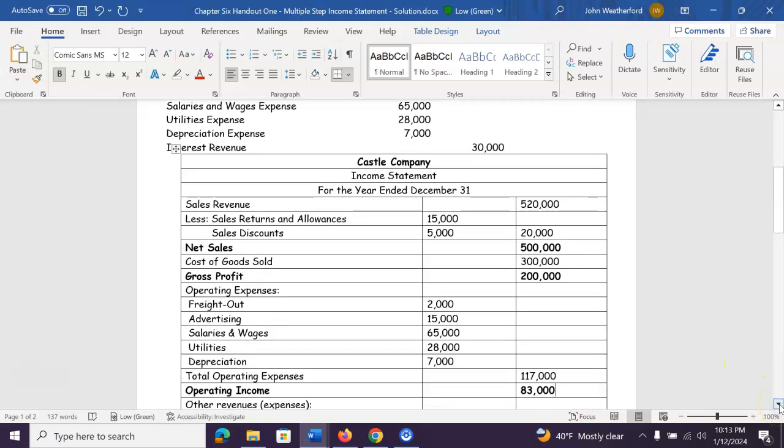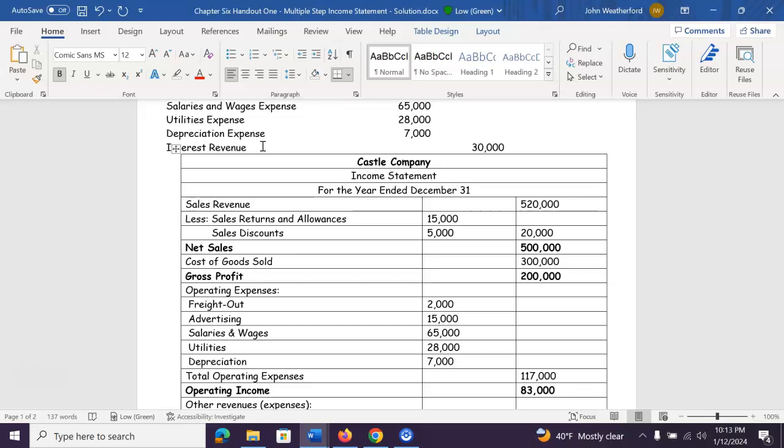Then we have the section other revenues and expenses. Now there we would list revenues earned from sources other than the principal activity of the business. Castle Company looks like their principal activity is buying and selling inventory. They're a merchandising business.